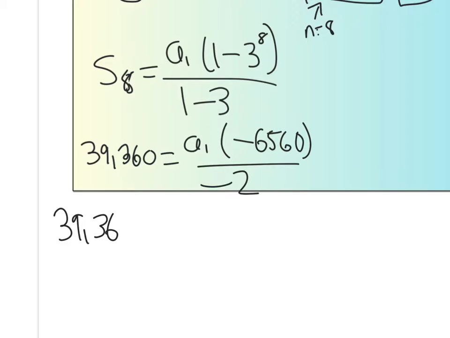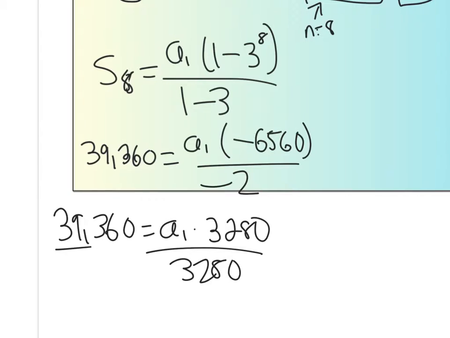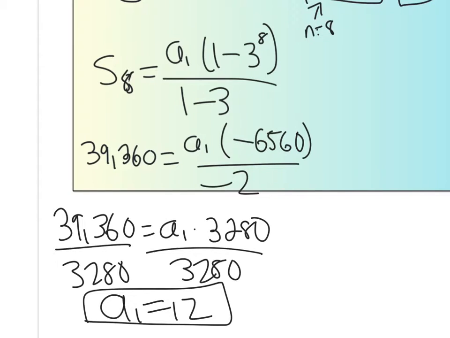So 39,360 equals A sub 1 times that. 6560 divided by negative 2 is going to give me 3280. Now it's a one-step algebra problem, so life is easy. So if I take that divided by 3280, I get 12. There's my answer.